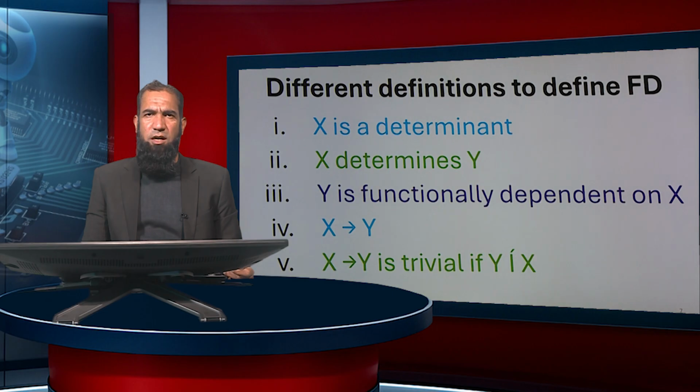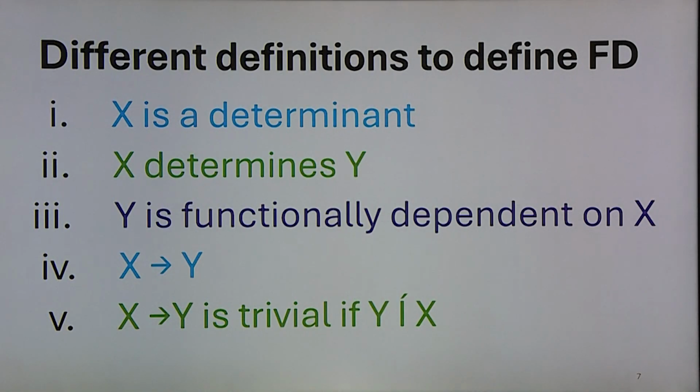Now let's take a closer look at some basic terminologies related to functional dependencies. First, X is called a determinant, and a determinant is simply an attribute or a set of attributes that uniquely determines another attribute or group of attributes.